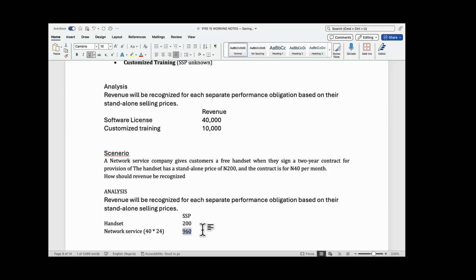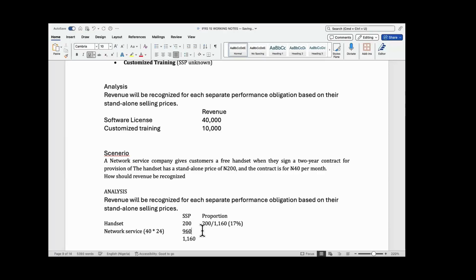What's the addition of the two? It is 1,160. Then the proportion will be 200 over 1,160. What does that give us? 17%.